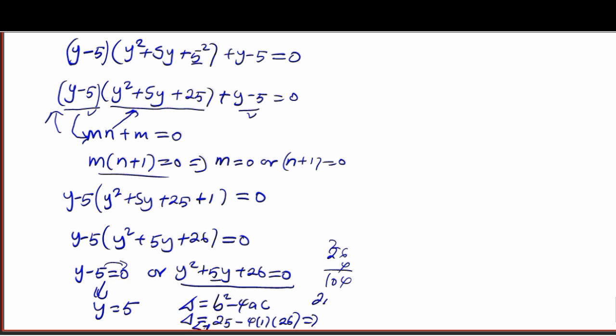So if you have 25 minus 104, this one is the same as negative 79. So negative 79 is less than 1. So there are no possible solutions. So the only option we have here is that y is equal to 5.